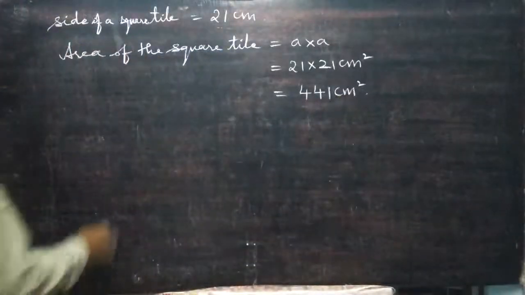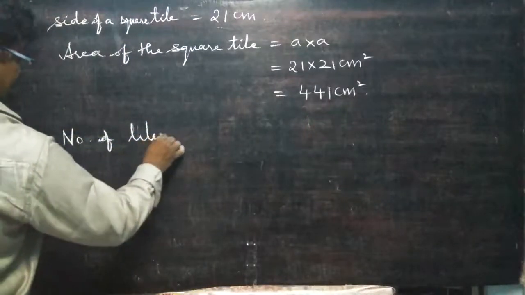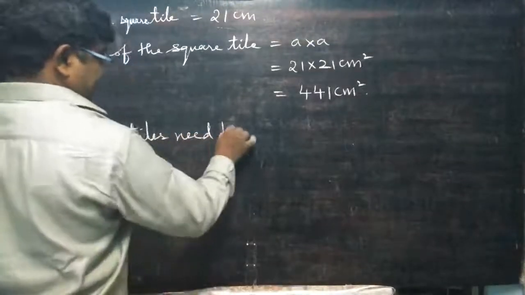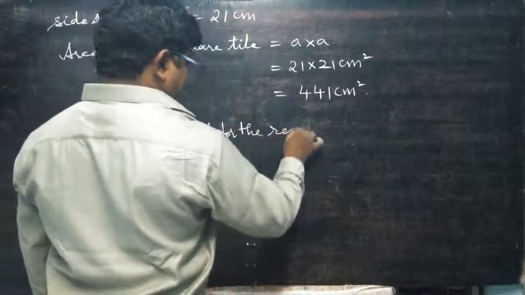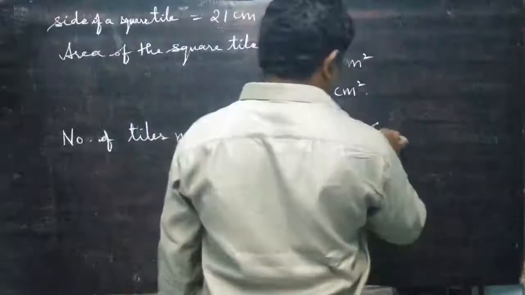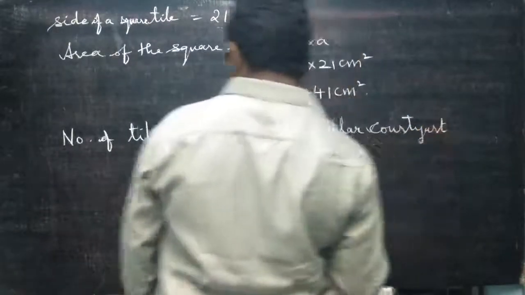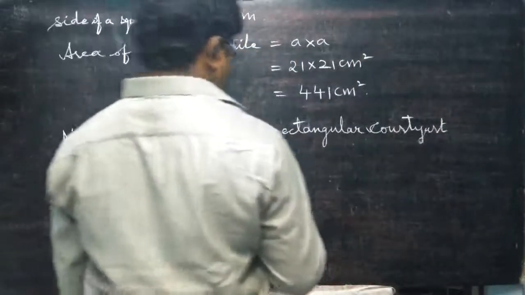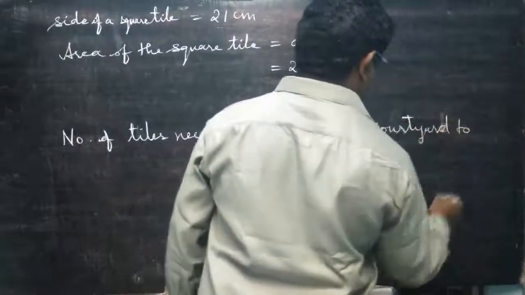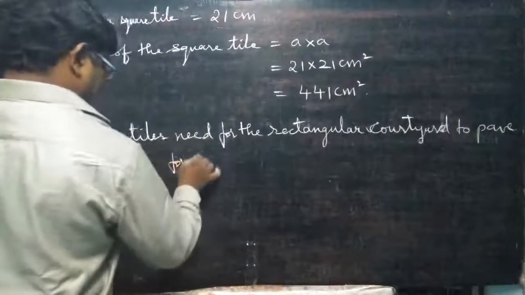Like this, we have to find the number of tiles. Number of tiles needed for the rectangular courtyard to pave, for flooring otherwise.